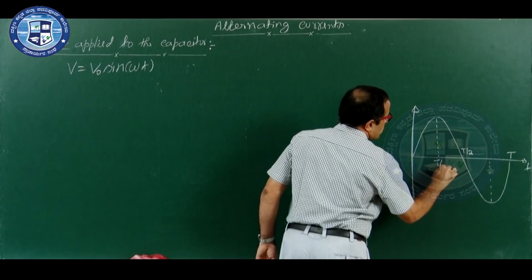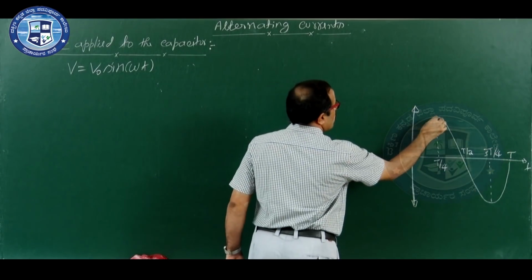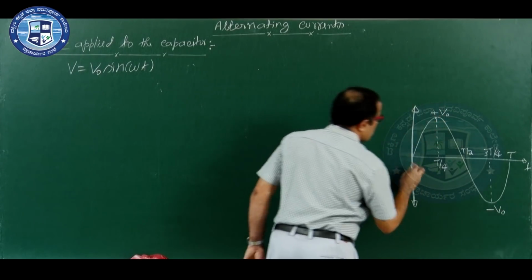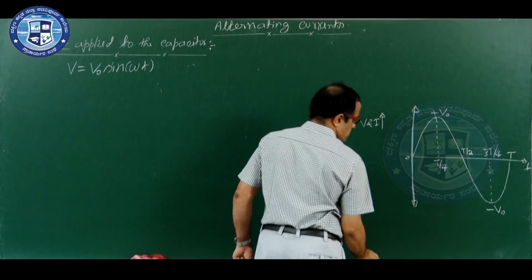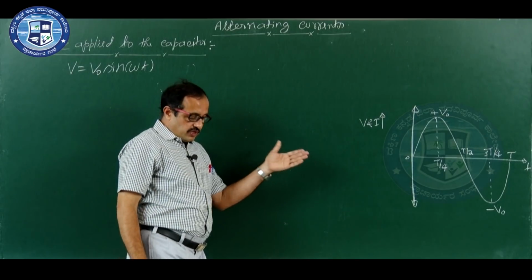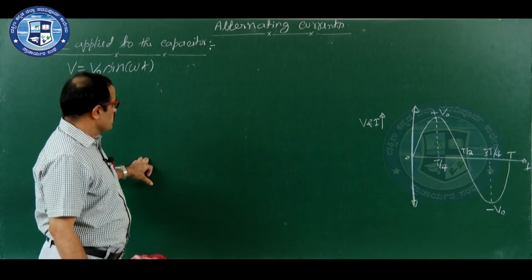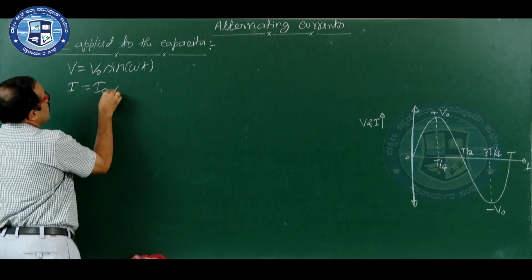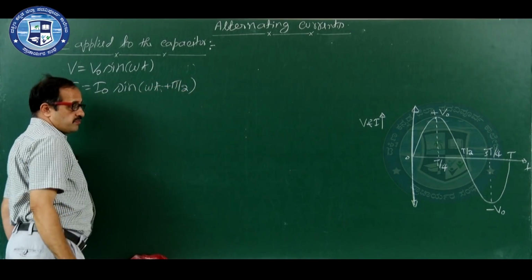This is T by 4, 3T by 4, and here it is voltage plus V naught, this is minus V naught, and here we will take both V and I. So, first of all you plot the graph of voltage. Now, after observing the graph of the voltage, we get the value of current and we plot it. Now, what is the equation for current? I is equal to I naught sin omega t plus pi by 2.